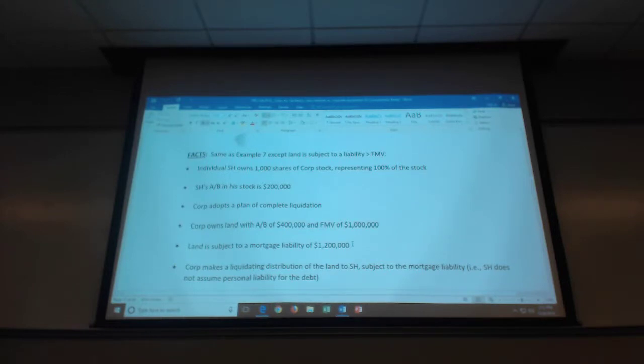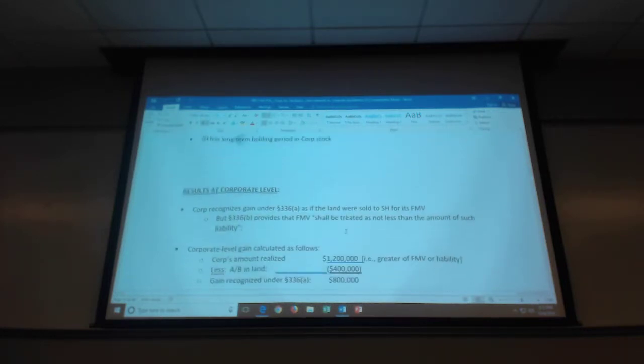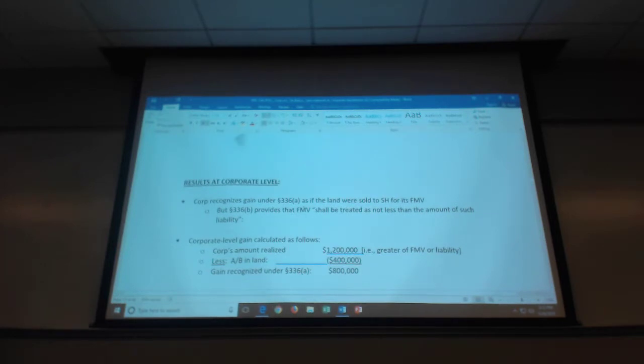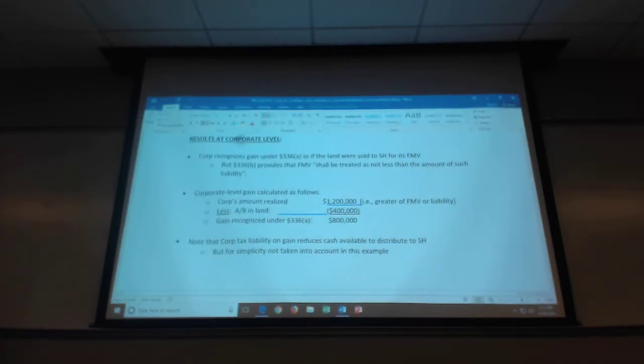The code has a kind of a fiction here that the property is deemed at the corporate level to be worth at least the amount of the debt. So when you go through the Section 336 analysis of how much gain is recognized at the corporate level, 336(a) says the corporation is treated as if the land were sold to the shareholder for fair market value.